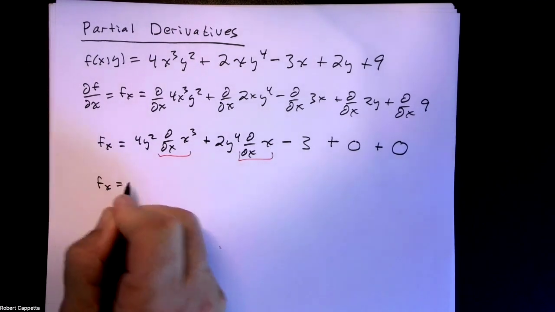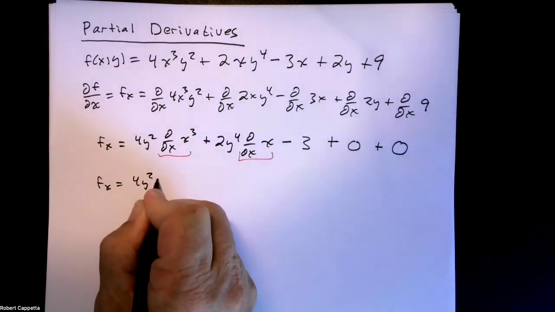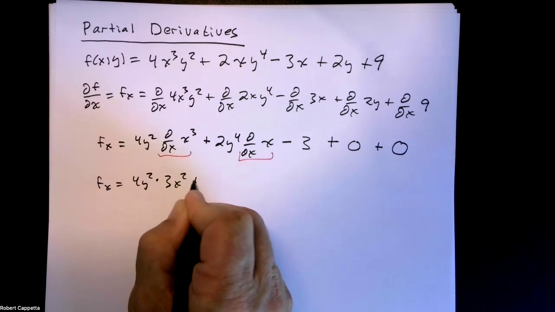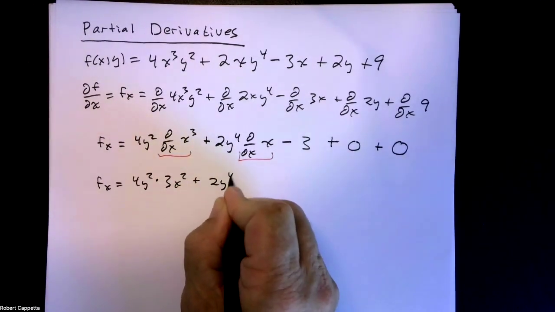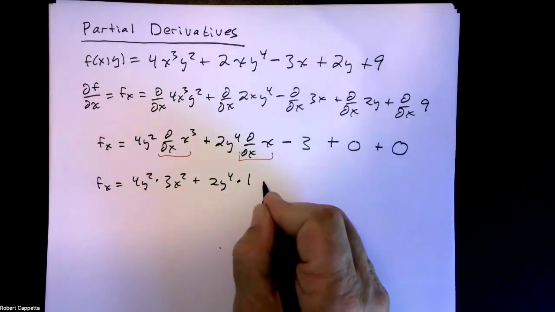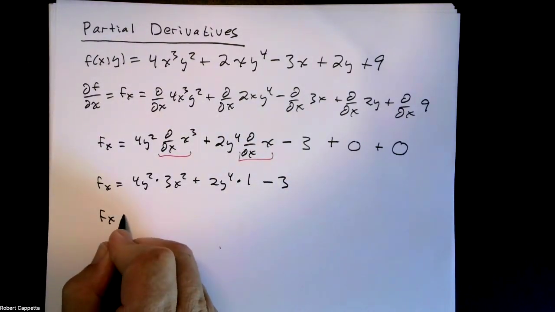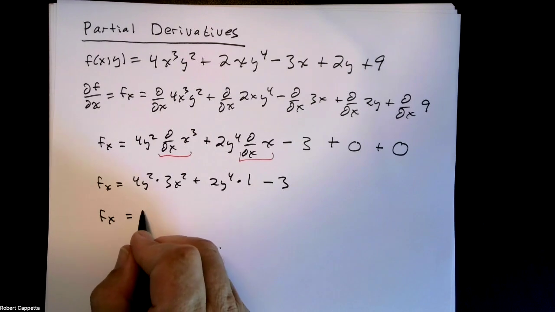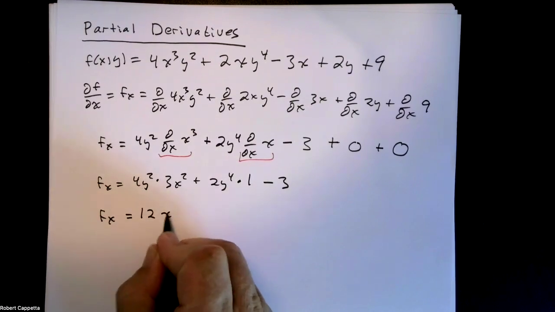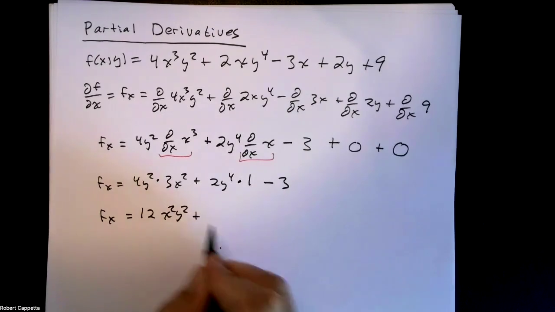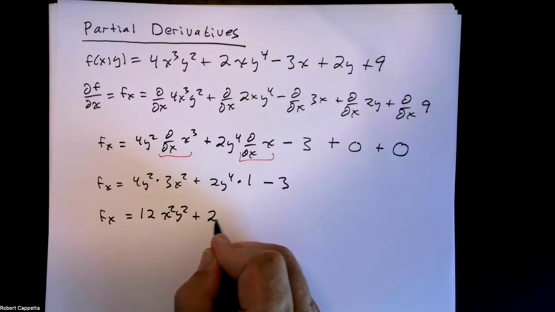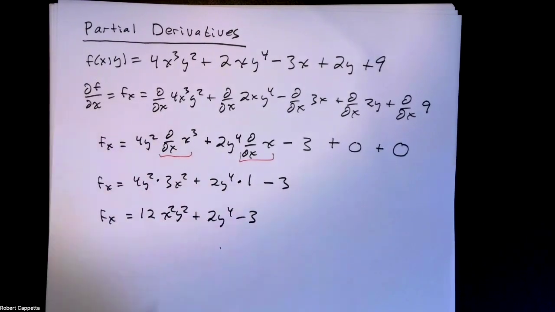So what does that give me? We get 4y squared times 3x squared plus 2y to the fourth times 1 minus 3, which gives me f sub x, my partial derivative, will be 12x squared y squared plus 2y to the fourth minus 3. That is my partial derivative with respect to x for that function.